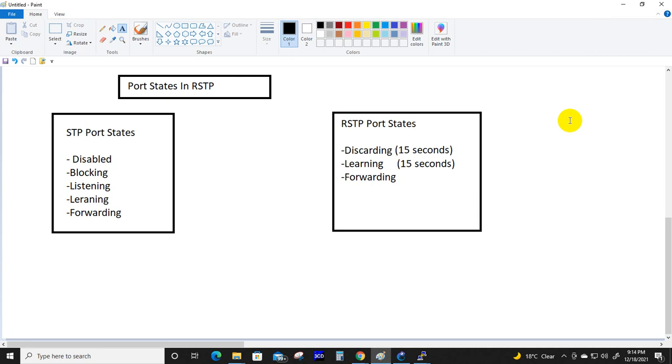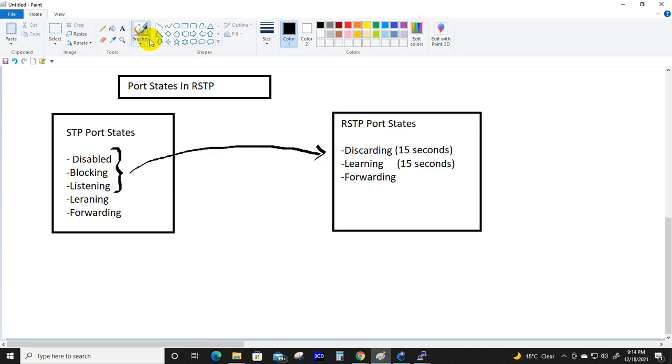Actually, these three states are known as discarding in RSTP.